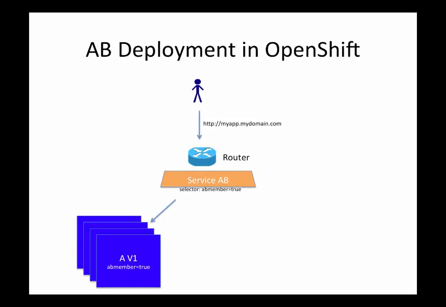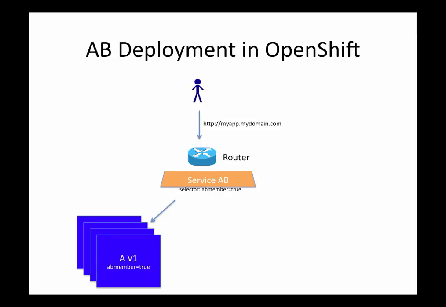If you have understood the architecture of OpenShift in the past, any app runs inside a Kubernetes pod. So let's say your application version 1 is running in 4 different pods, right?